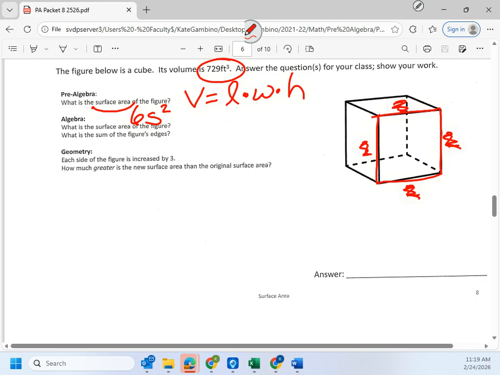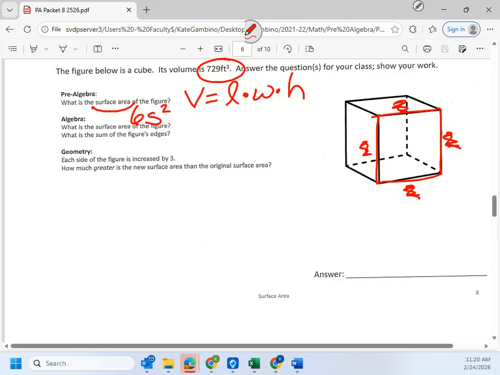So you're going to have to put in some of your math skills. Sometimes it's guessing and checking. Saying, if I put a 5 in for my side length, what would I get for a volume? Length times width times height. Would that give me that volume?